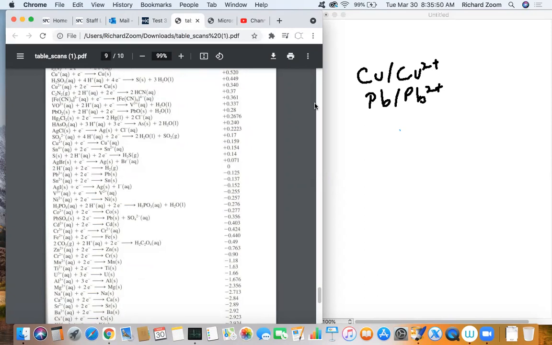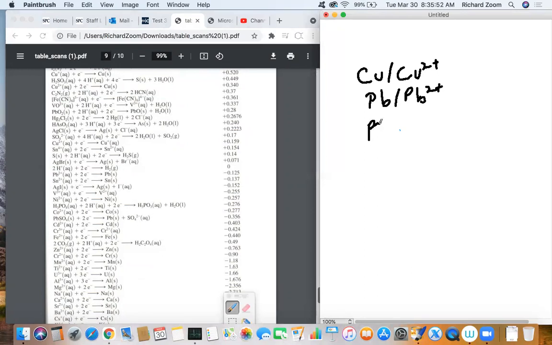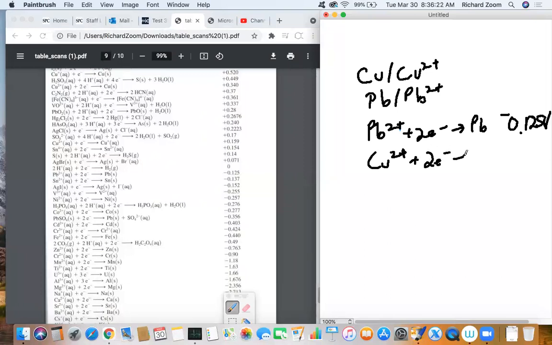So Pb2+ plus 2 electrons gives Pb, and that's -0.125 volts. And then we've got the copper 2+, which is up here. So I just had to find the equations that were relevant to that. That's +0.340 volts.